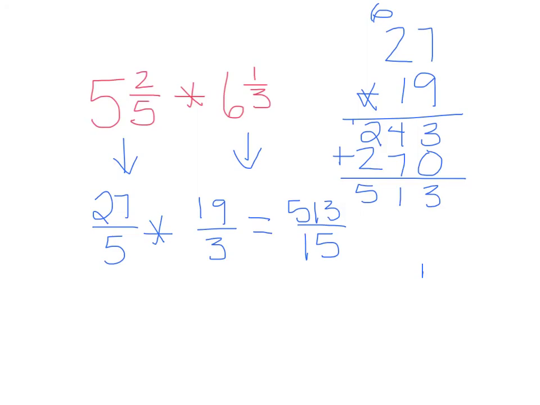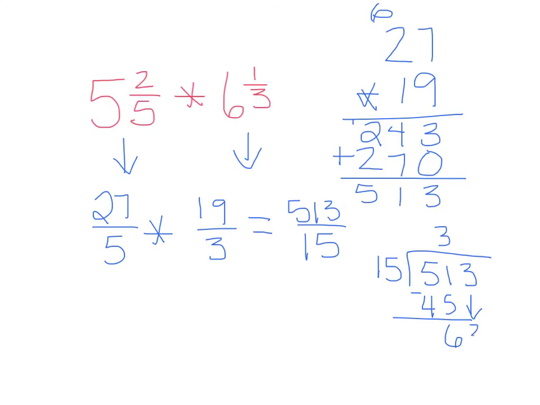Now I can't leave it like that, so I actually have to divide 513 by 15. So I'll think to myself, how many times does 15 go into 51? And it'll go in 3 times. 3 times 15 is 45. So 51 minus 45 is 6. And I bring the 3 down.